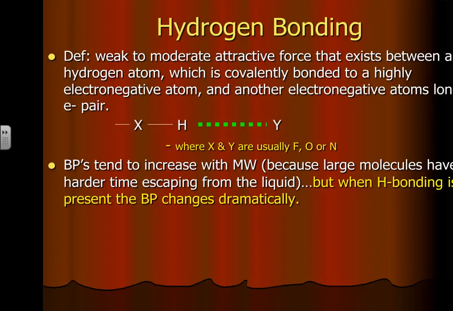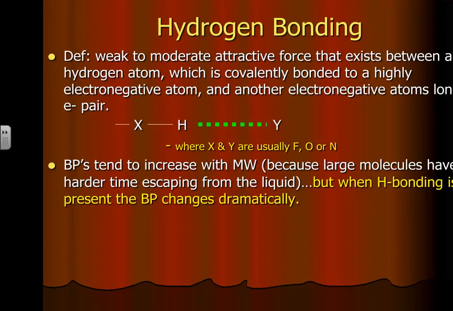Plus, if you think about something bigger trying to escape from a liquid and boil and become a gas, the bigger you are, the harder it is to get you up and moving. But if you compare two things that have differing molecular weights and their boiling points, and then compare two things that have differing molecular weights plus one has hydrogen bonding and one does not, that's when this yellow statement is true.